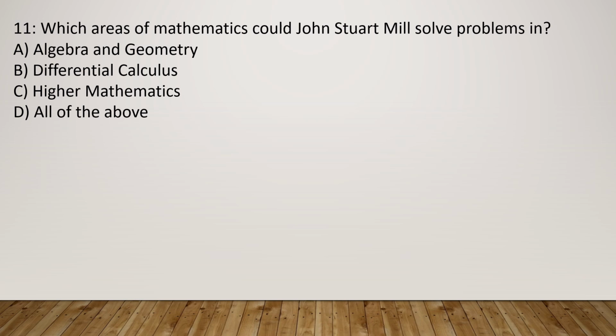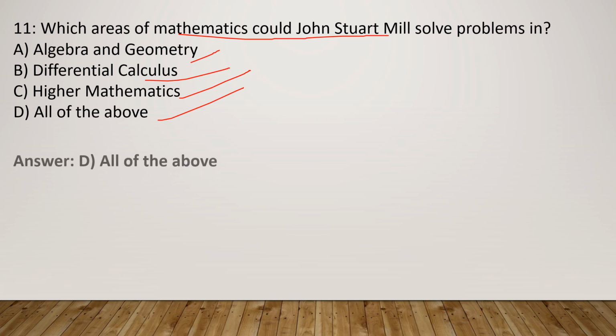Which areas of mathematics could John Stuart Mill solve problems in? Algebra and geometry. This is correct. Differential calculus. This is also correct. Higher mathematics. This is also correct. So the correct option is option D, all of the above.